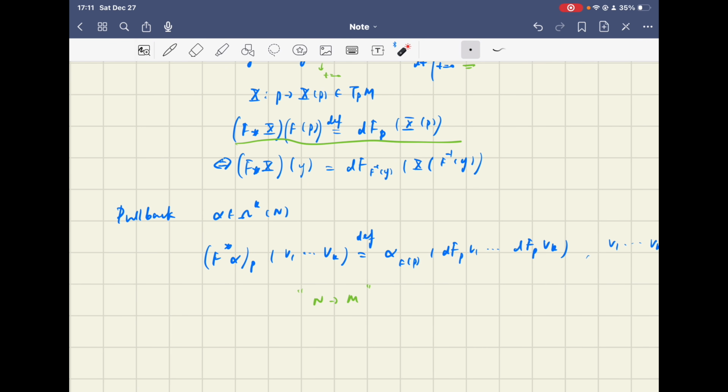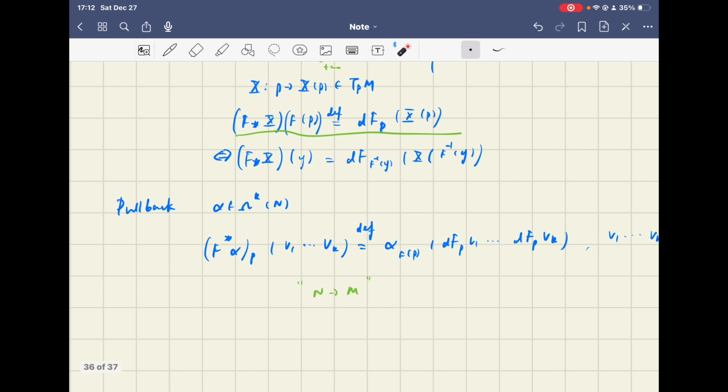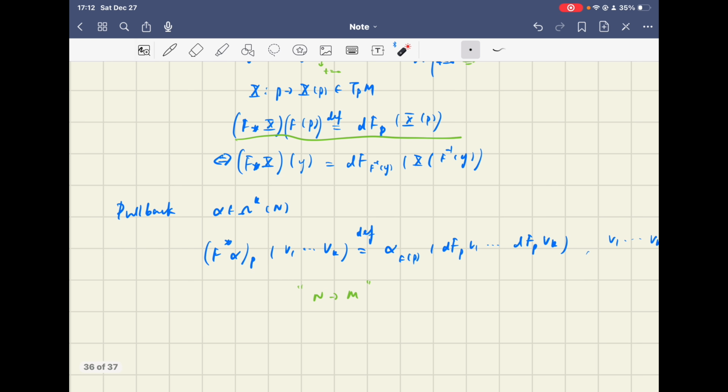Now let's consider a K form called alpha on manifold N, meaning that it originally operates on K tangent vectors on manifold N. What if you want to use this K form on the corresponding tangent vectors from M? Here you would need the operation called pullback.